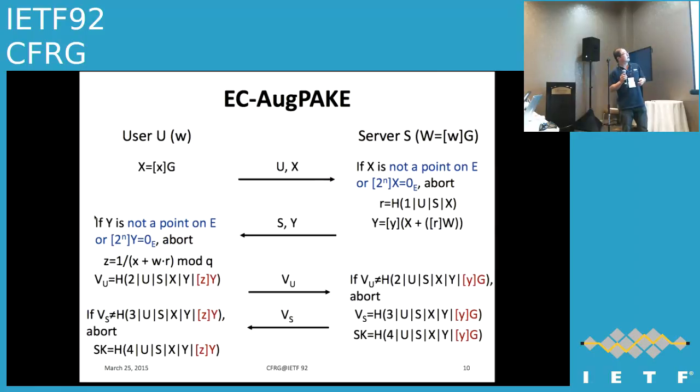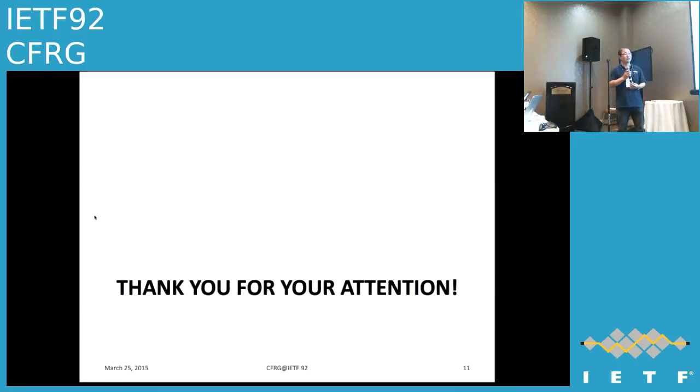It's the same for capital Y on the user side. The other parts of the elliptic curve version of OPEC can be rewritten from the finite field version of OPEC. Next, please. Yeah, that's all. Thank you.